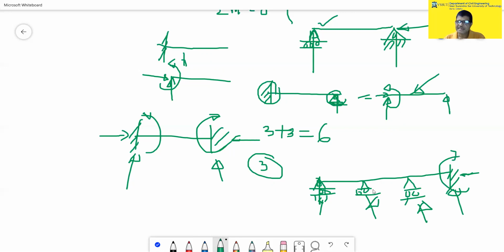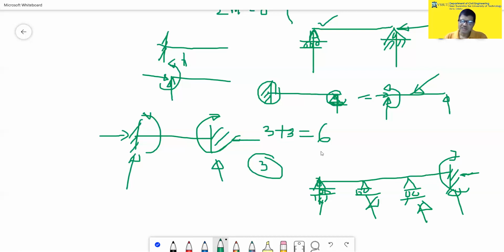So 3 again 6. So the degree of indeterminacy is equal to. So this is how you will find out whether any structure is indeterminate. It is not only beam, you can take the case of a truss, an arch, a cable, or any kind of structures like frames in a multi-story building.